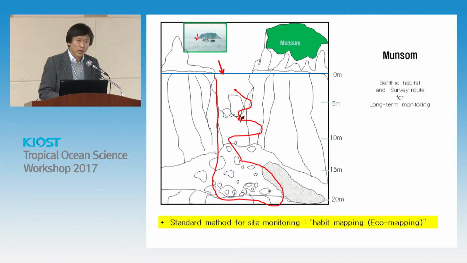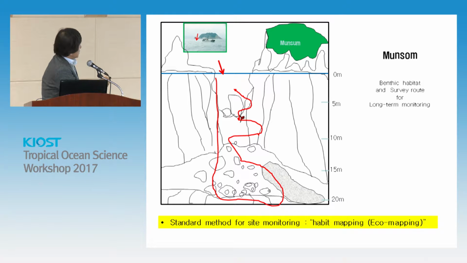What is the best way to survey the underwater ecosystem, and what is the best data for the next generations? I wanted to fix a standard method for long-term underwater monitoring, like this.